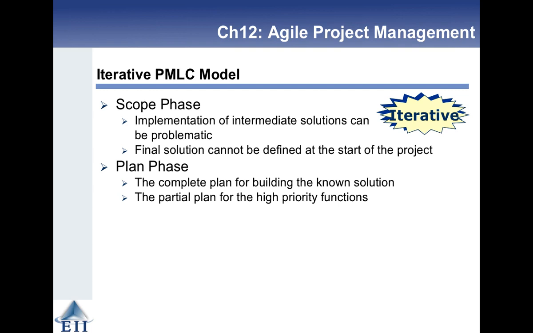When you're in the planning phase, there's the complete plan for building the known solution and a partial plan for the high priority functions. So you're not doing a traditional project management where you nail down everything in the planning phase, but you nail down a bit more than you would otherwise.